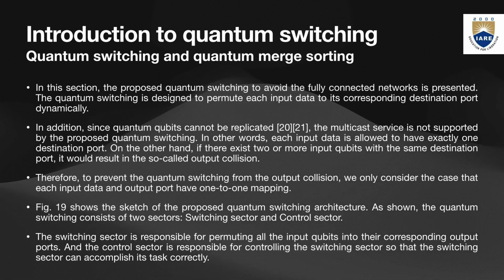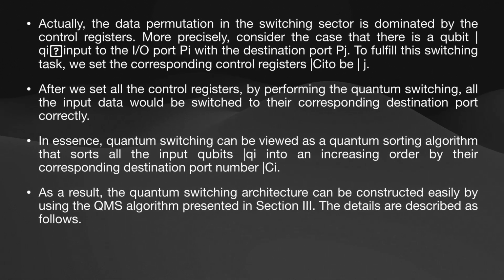and the control sector is responsible for controlling the switching sector so that the switching sector can accomplish its task correctly. So actually, the data permutation in the switching sector is dominated by the control registers.